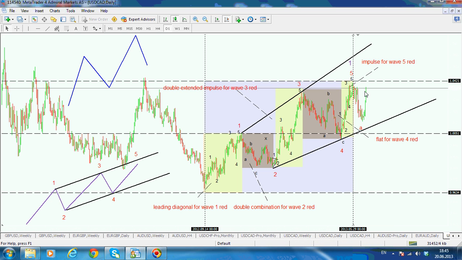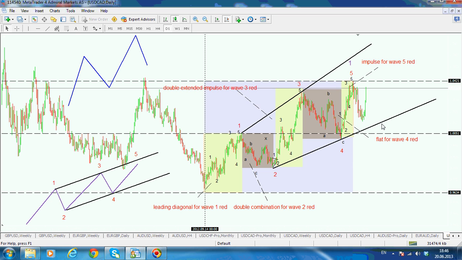But you might say, okay, what if the highs are going to be taken? Well, if this is a flat like it seems to be, then it might very well be possible for the D wave to travel above the highs established at the end of wave 1 purple or the fifth wave red. It should not be different in this case, and it should not invalidate your scenario of a leading diagonal.